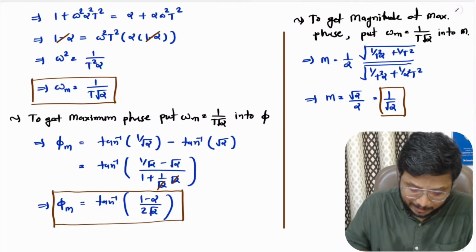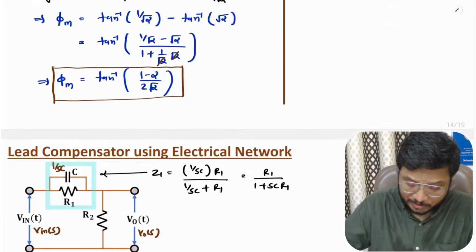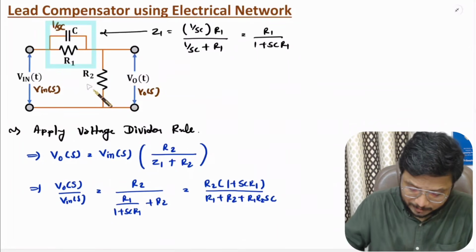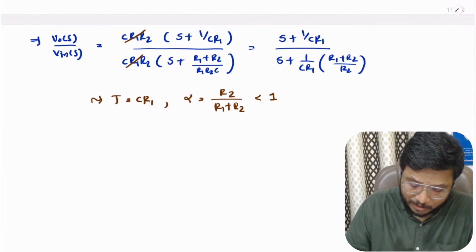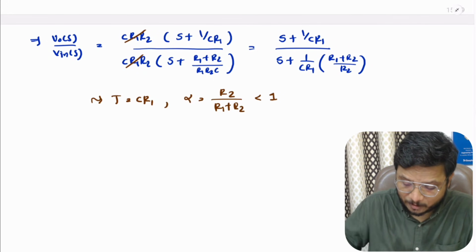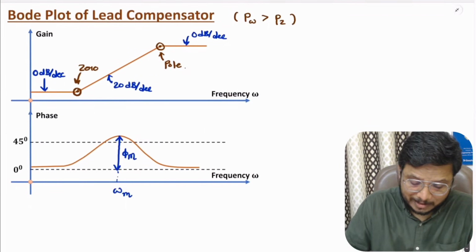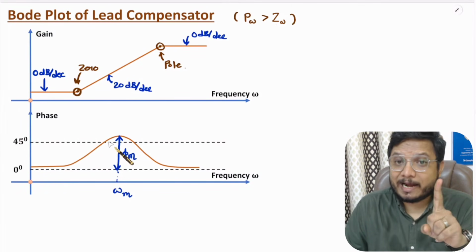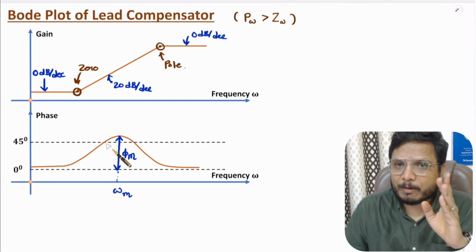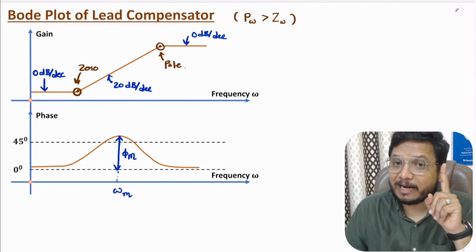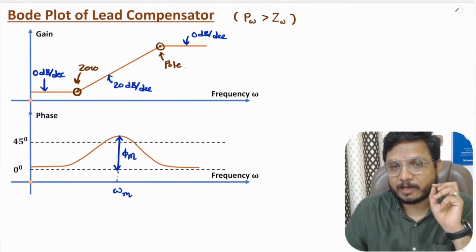And if you design this lead compensator using this electrical network, then in these components one should have the value of T, that is CR1, and alpha, that is R2 divided by R1 plus R2, by which you can achieve this type of frequency response where we are adding positive phase. Always remember, a lead compensator adds positive phase in the system. That's why it is a lead compensator, and it is acting like a high pass filter.